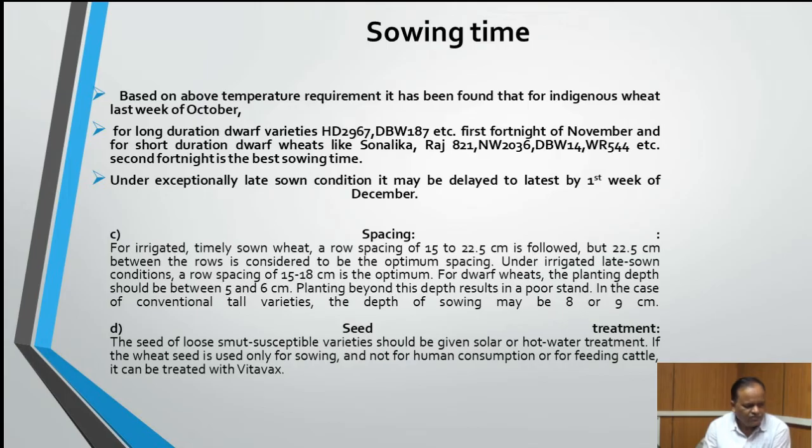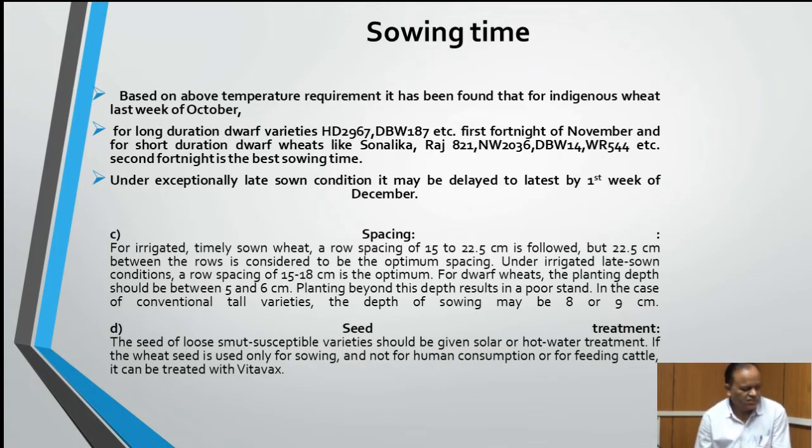For long duration dwarf varieties, which are grown nowadays after the green revolution, like HD2967, DBW187 and other varieties, the best sowing time is the first fortnight of November.